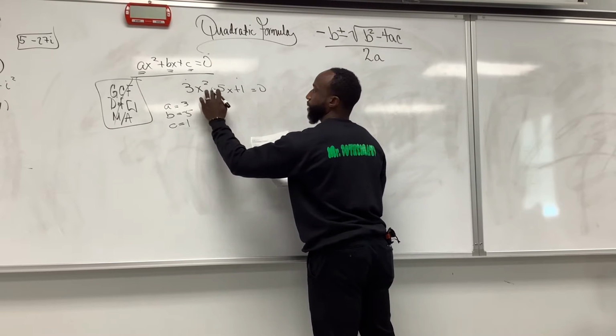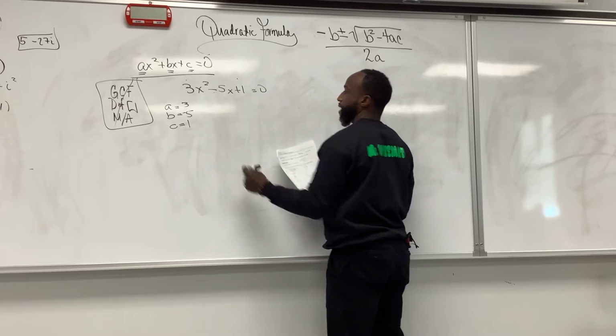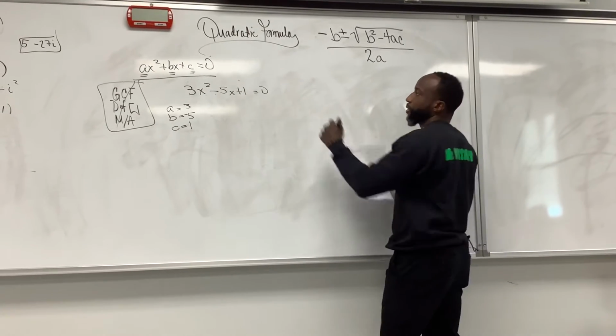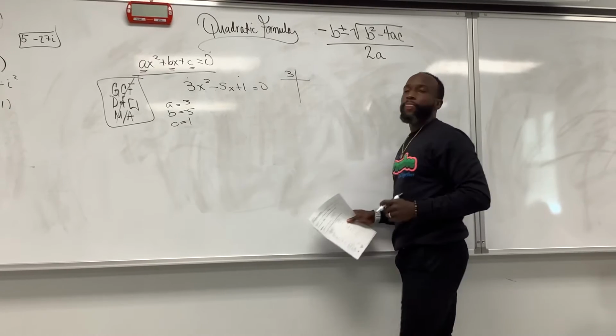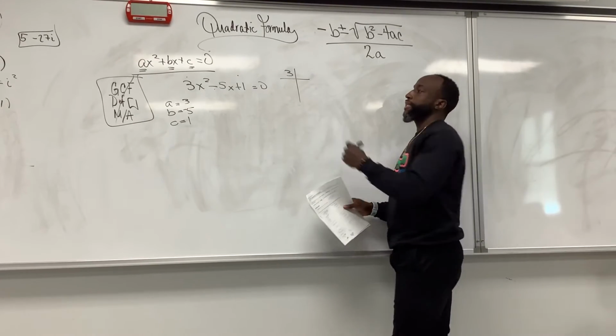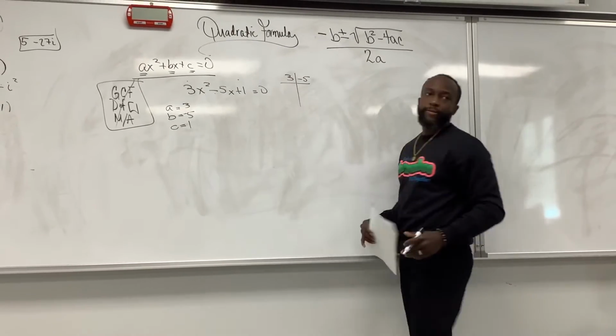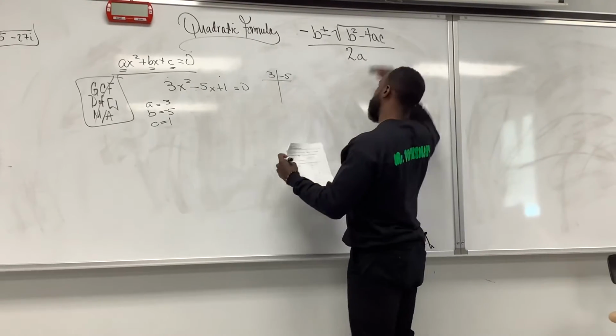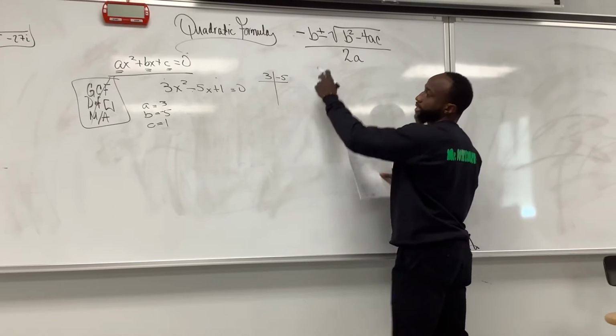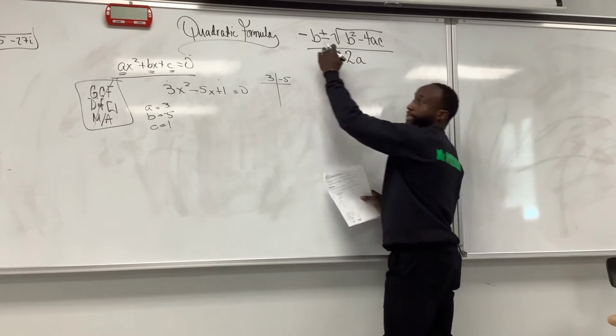If we consider multiply-add, we try to see what factors of 3 add to give you 5. There are none. It's not factorable. Therefore, we use this formula, and we substitute a, b, and c into it.